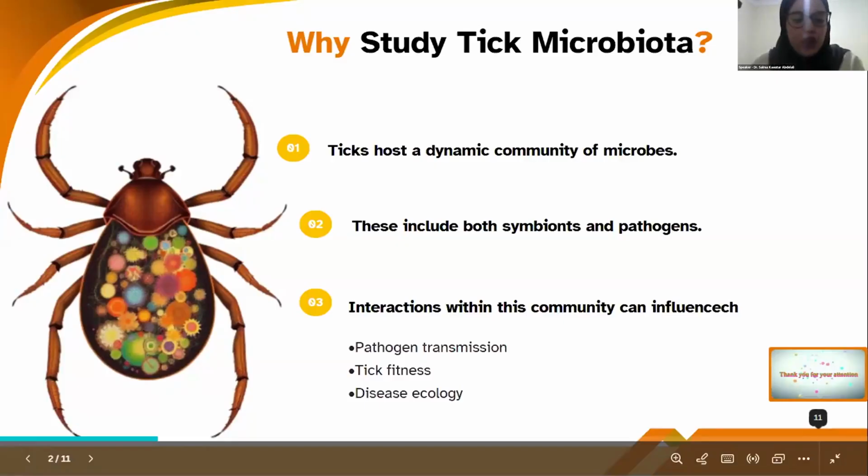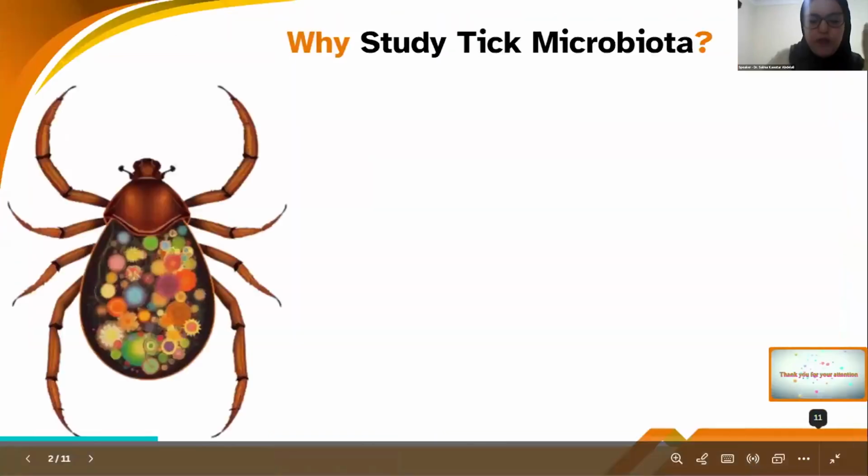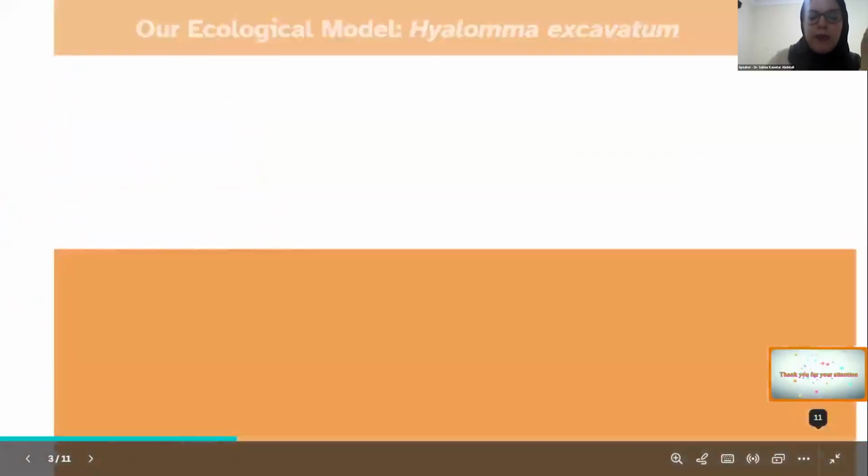These microbes interact, sometimes helping and sometimes harming each other. And these relationships can shape a pathogen's survival, co-infection patterns, and even transmission potential.